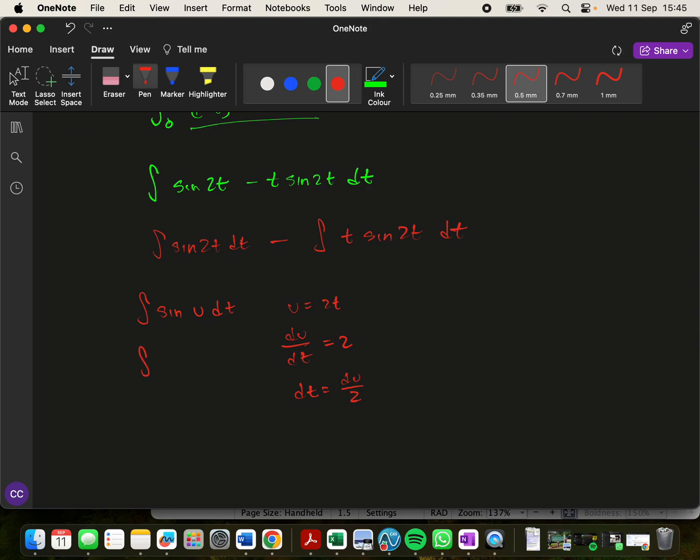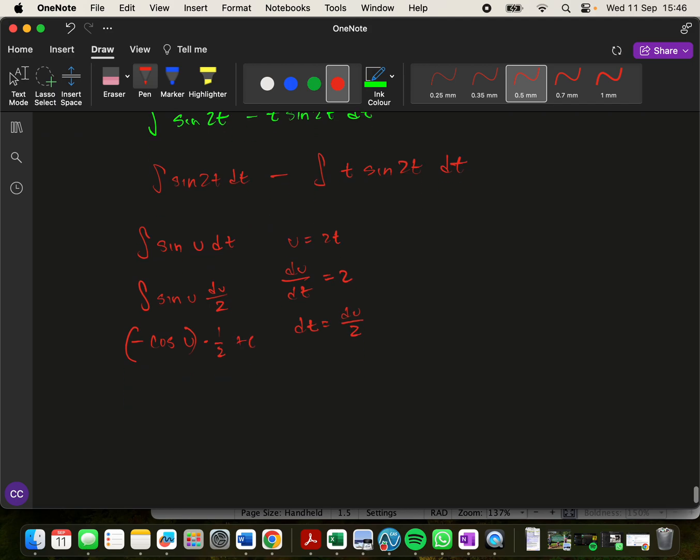Plugging that back in, I get the integral of sine u du over 2. Well, the integral of sine u is negative cosine u, times 1/2, and then plus c.